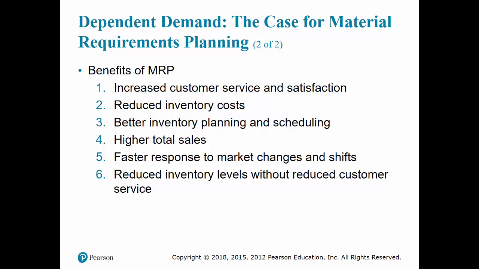So, better inventory planning and scheduling, and that results in reduced cost for our customer and a larger market share, and so higher total sales. And faster response to market changes and shifts in the market, and we are able to provide better customer service even when we are able to reduce the inventory levels.